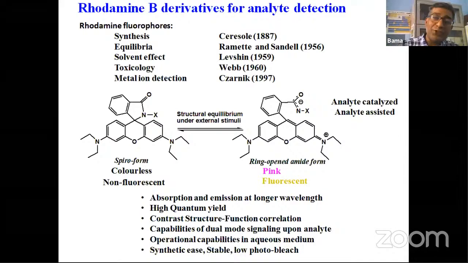So what is so significant about this particular molecule? Because in any xanthene dye system, because of the spiro ring, the compound is colorless and non-fluorescent. But when it structurally equilibrates under any external stimuli, the spiro ring gets opened up, and in this form it gives a color and is highly fluorescent.